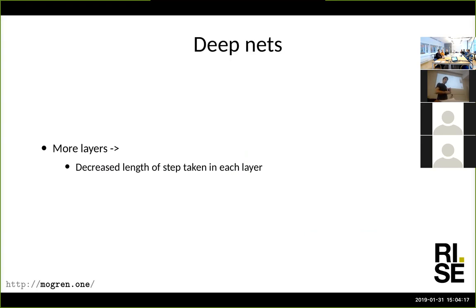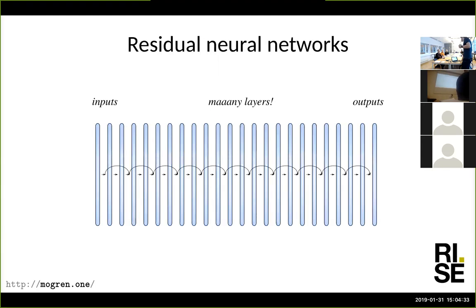Each step is a transformation from an input vector to an output vector. In this special case, we're having all vectors the same size, which simplifies things later. So we're doing smaller and smaller steps when we're increasing the network depth.